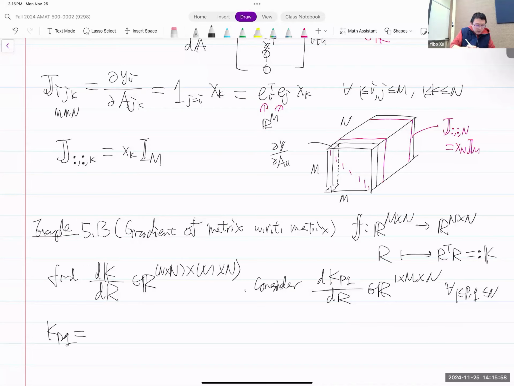K_PQ equals R transpose R. We want the pth row, qth column entry of the product.